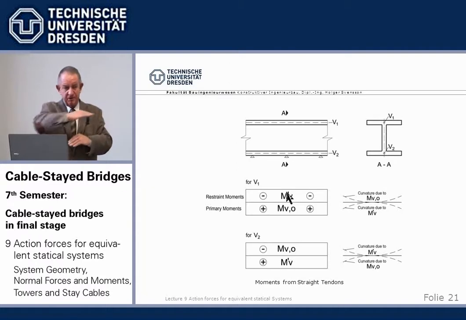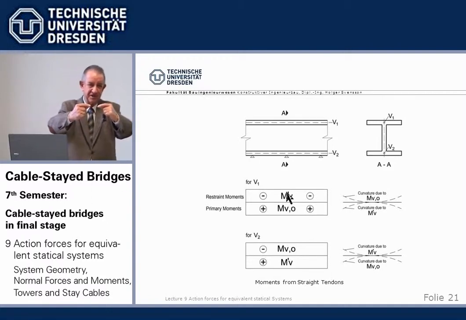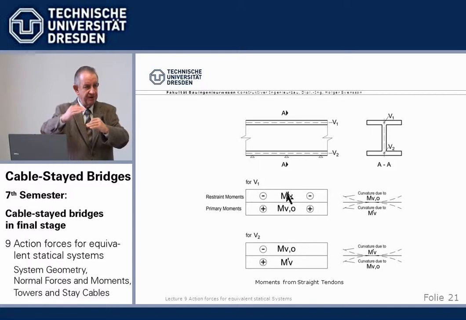It's clear the curvature wants to go down but can't because of the rigid supports. So what remains from straight tendons, wherever they are placed in the cross-section, up, down, doesn't matter, the resulting post-tensioning force is only normal force, because the two moments from eccentricity and from restraint exactly balance one another.